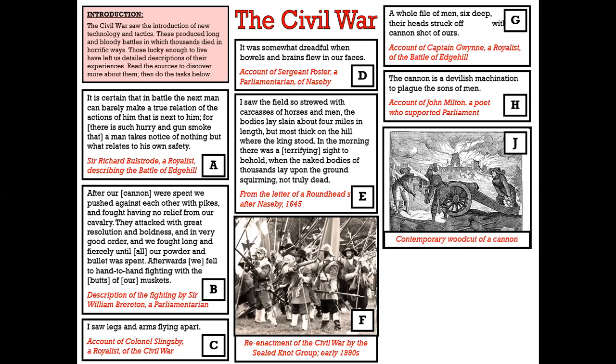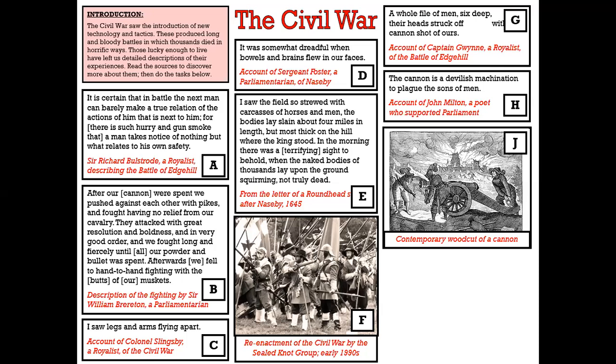They attack with great resolution and boldness. They're very brave about it, and both sides keep going at it. You can't really scare them away. Old battles in the Middle Ages were generally affairs where you tried to scare your enemy away and make them freak out by shouting at them and hurling abuse and also weapons till they ran away because no one wanted to die.